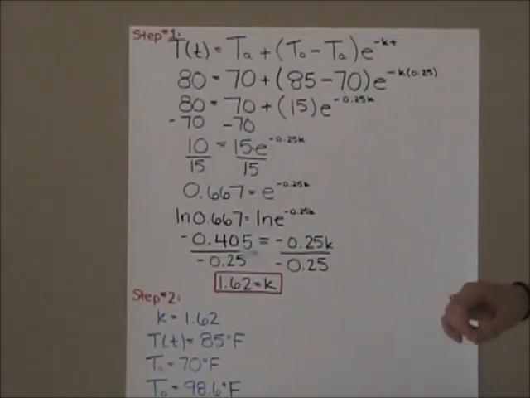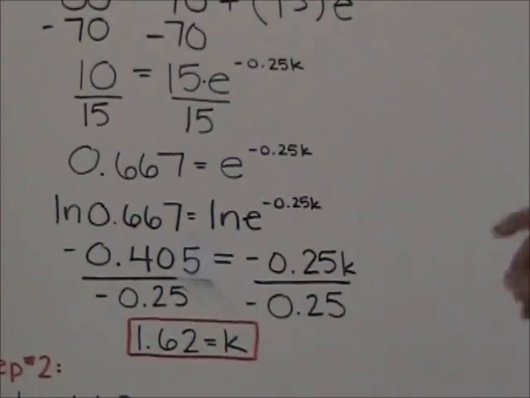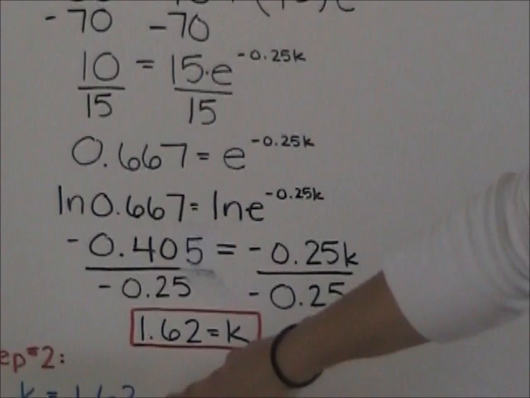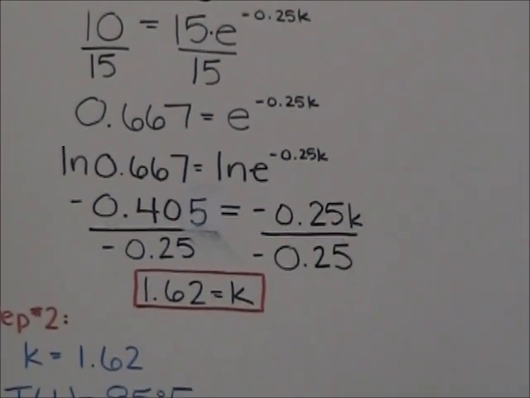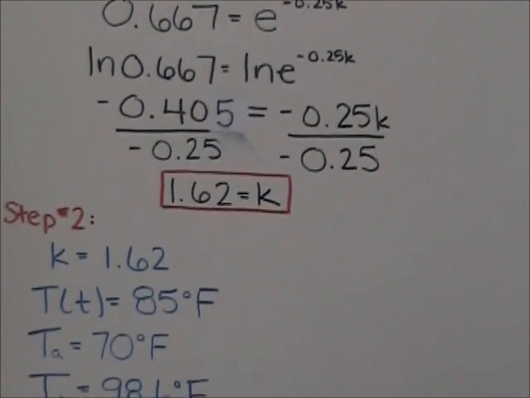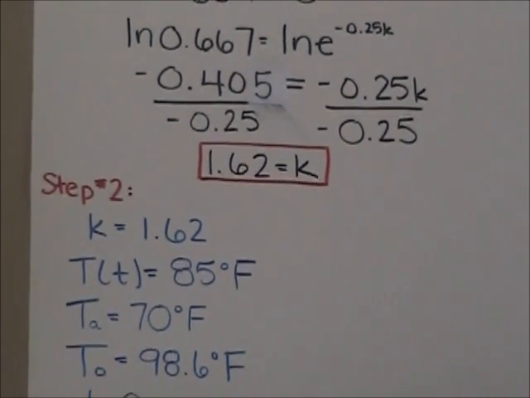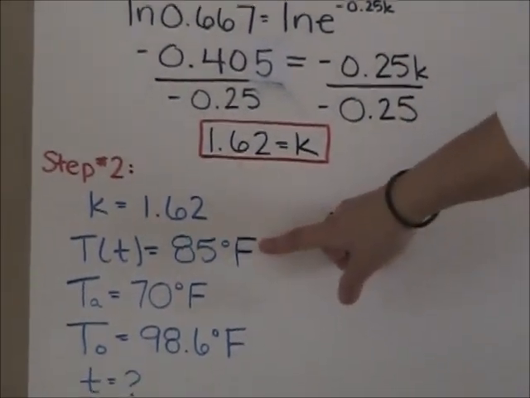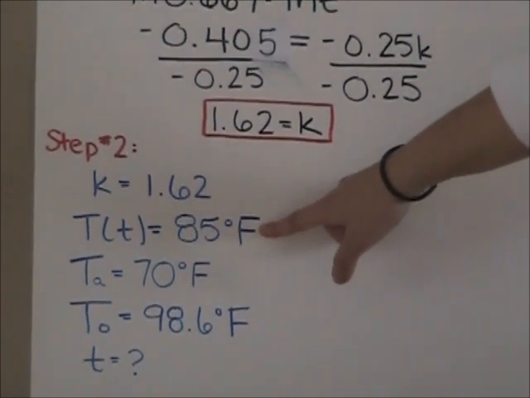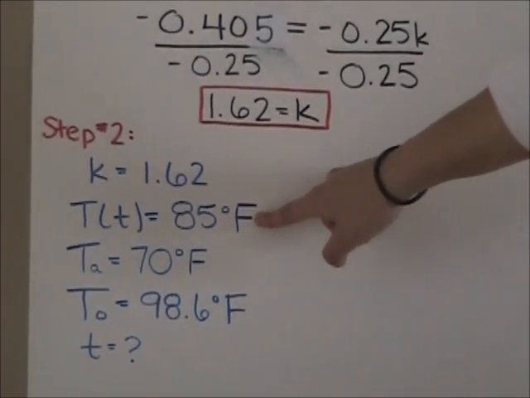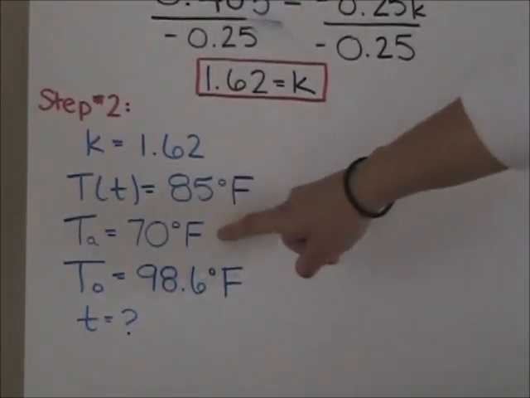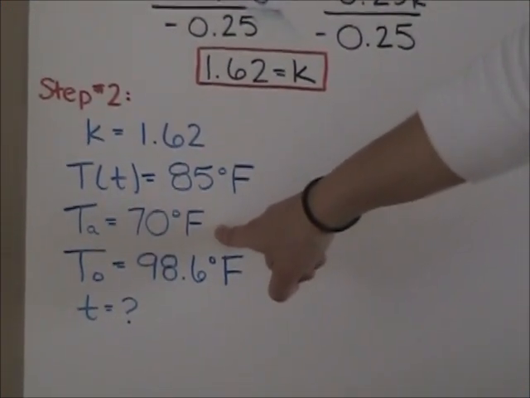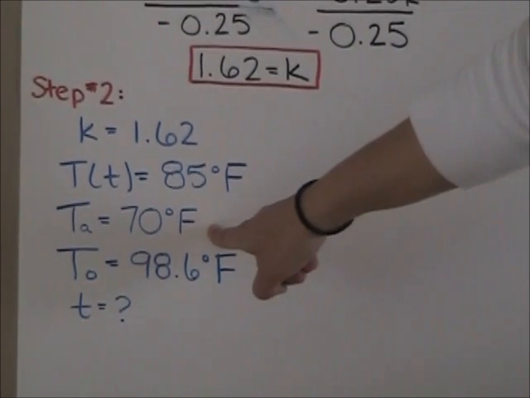So now that we found what k is, we have to use that in step 2 to find how much time has passed since the death of the dog. So now our new T of t is 85 because that was the first temperature that we ever took. T sub A was the temperature outside, which was still 70.